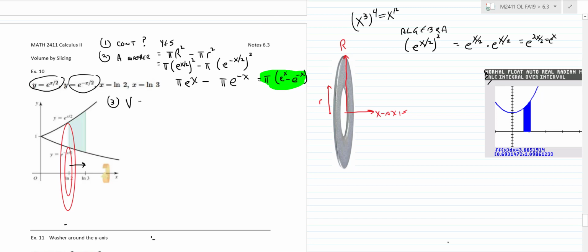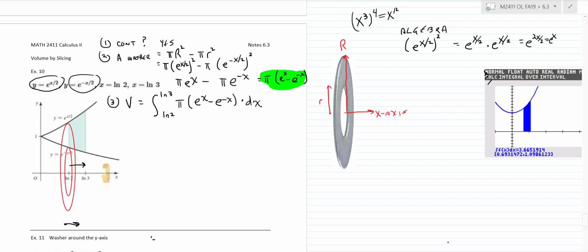The volume is going to be the integral from ln2 to ln3. We're integrating in the x direction, left to right, so it's ln2 to ln3. Again, we can pull the pi out, and we have e to the x minus e to the negative x times dx.